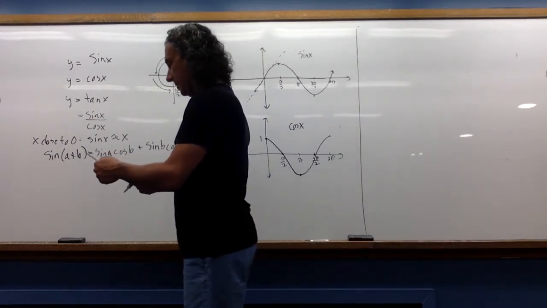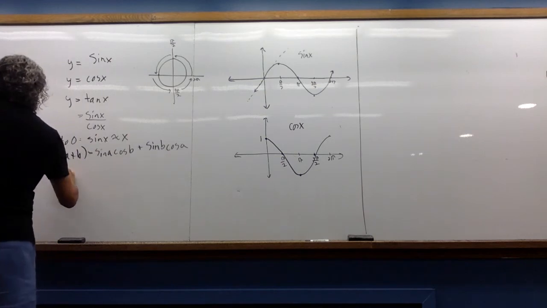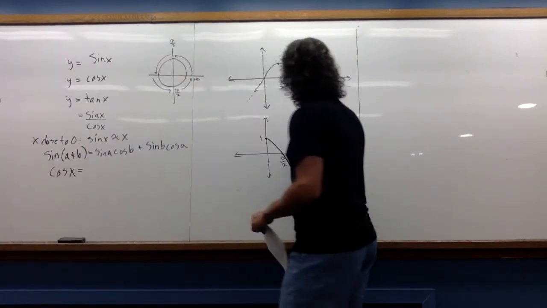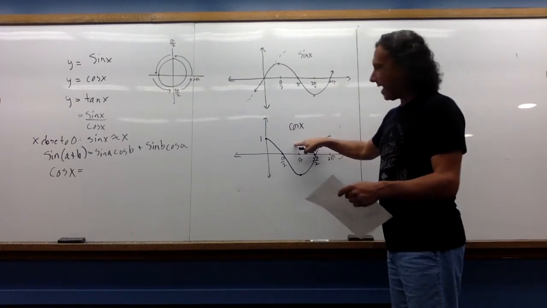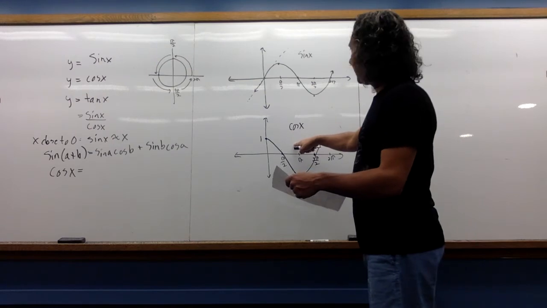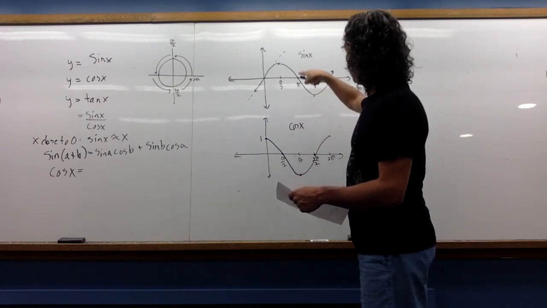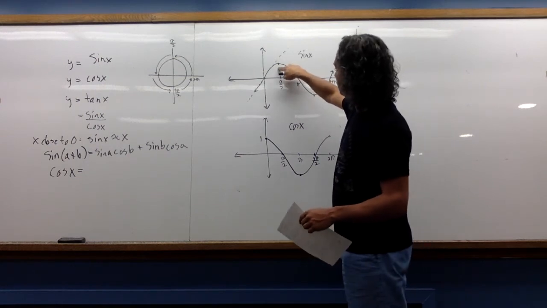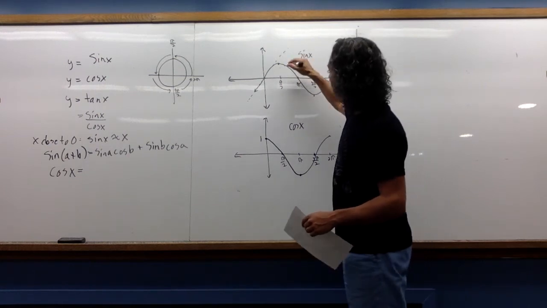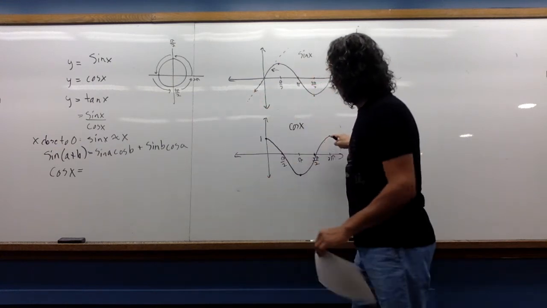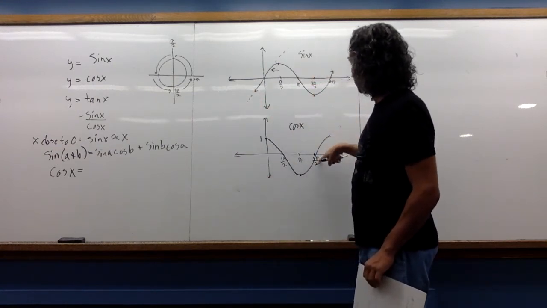What else do we need? Oh, cosine of x. Cosine of x, so this guy over here. Let's see. We can take the cosine and think of it in terms of sine. If I take this picture, and I just shift it this way by pi over 2, move it on over, hopefully you'll see that we're actually going to get this picture.